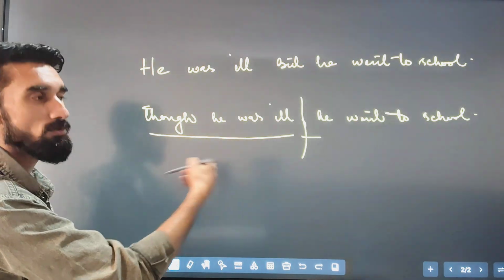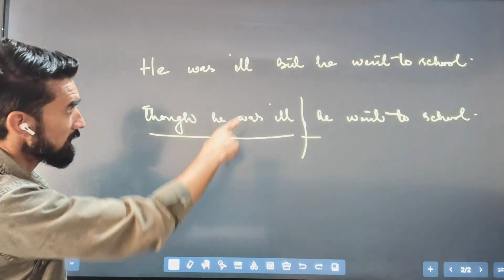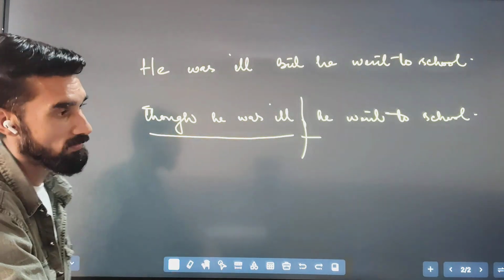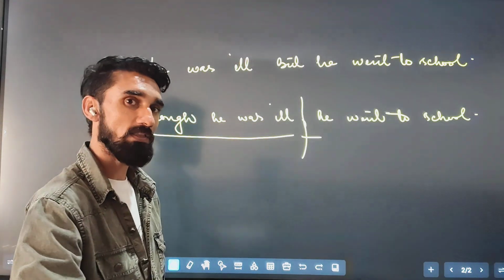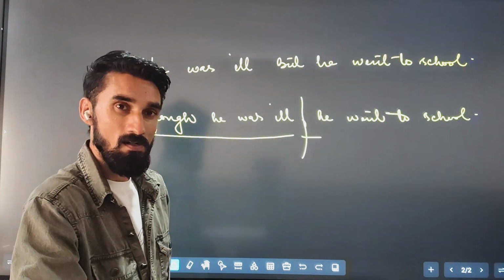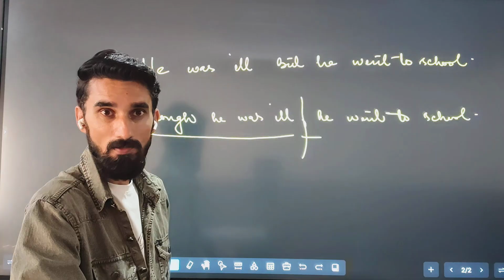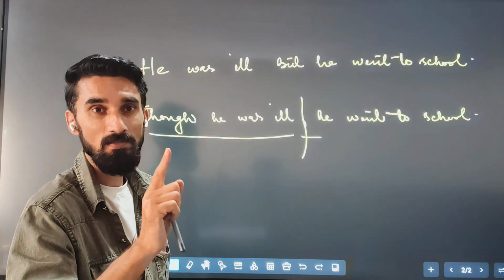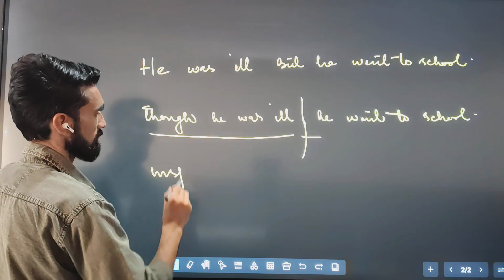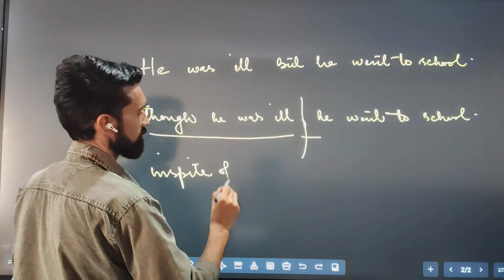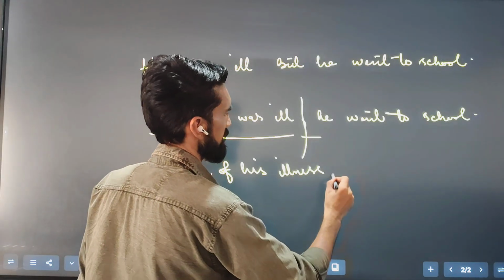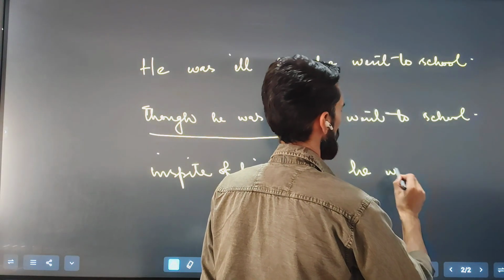You have two clauses here, so it cannot be a simple sentence, because a simple sentence must contain a single clause. And what is required for a single clause? It is one finite verb. So: In spite of his illness, he went to school.